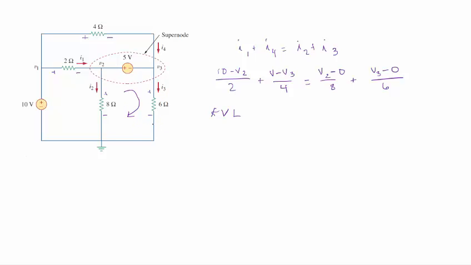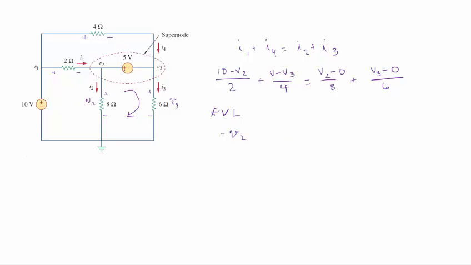And so I will have a voltage here. Since this is I2, I'm going to call that V2. And since this is I3, I'll call the voltage across this resistor V3. And so I'm going to go around the loop. Since I hit a minus sign first, I'm going to say minus V2.